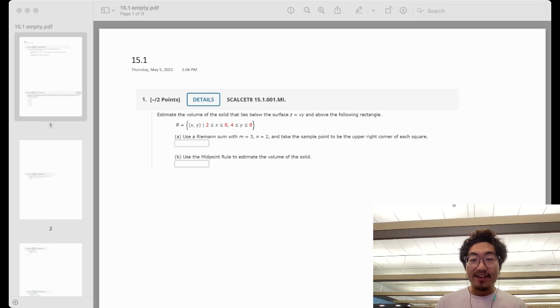From today and in the coming weeks, we will take a brief pause from partial derivatives, vectors, and other vector geometry. In chapter 15, we start talking about multiple integrals, and we will start with double integrals.